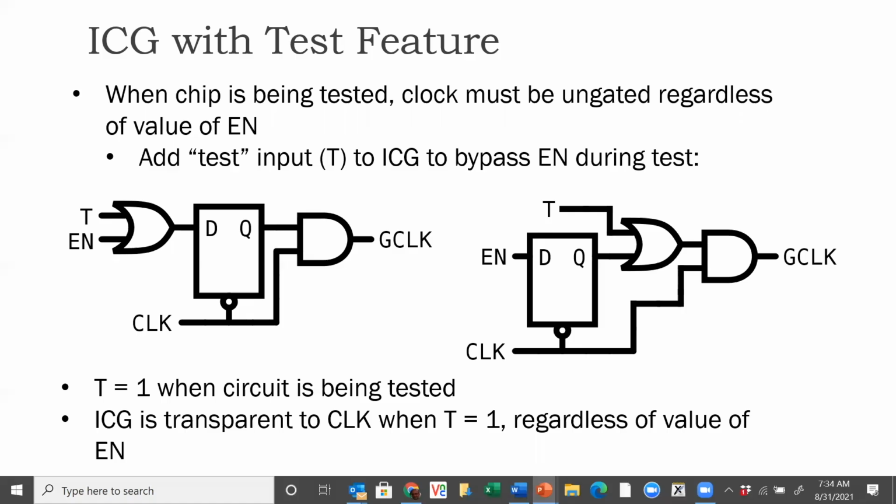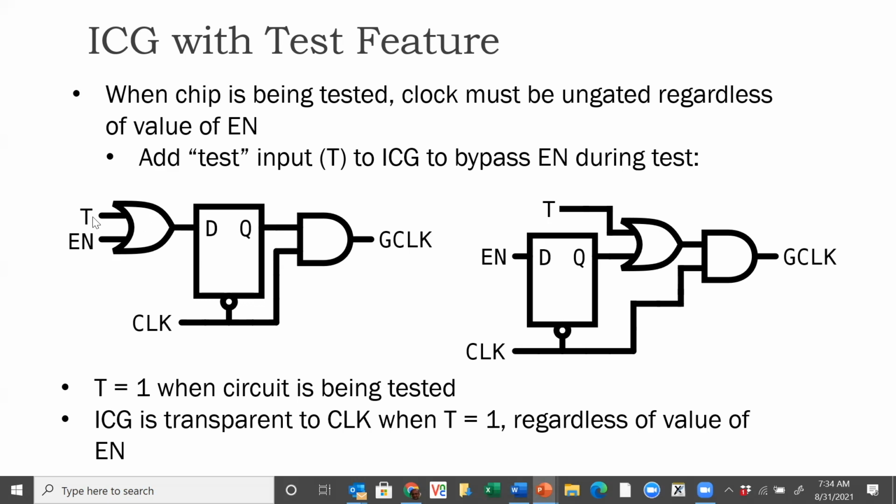So we often need a feature in the clock gating cells so that the clock goes through regardless of the value on the enable when the chip is being tested. To do this, we add a test input to the ICG, which bypasses the enable during test. You can see here that there is a test input, and here's the enable, and they go through a 2-input OR gate.